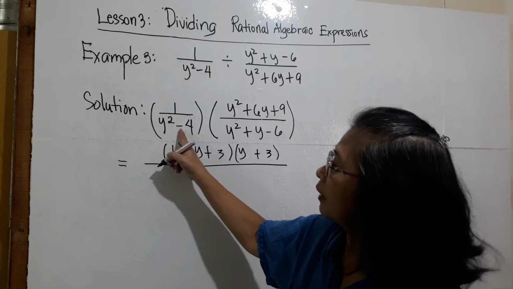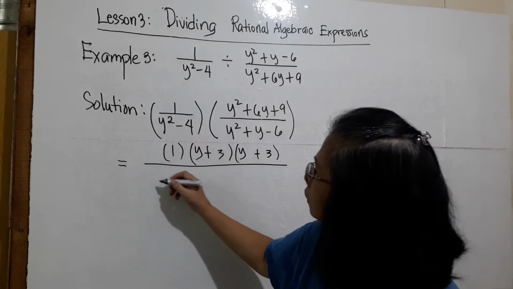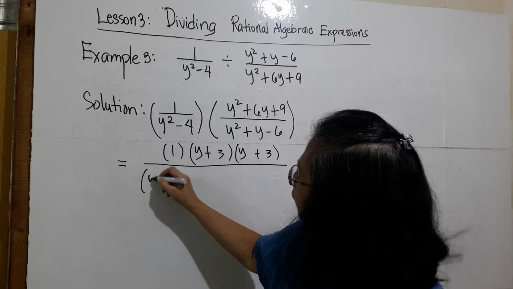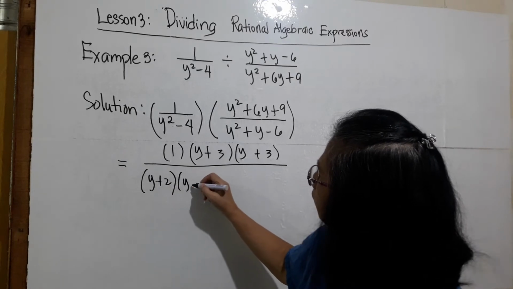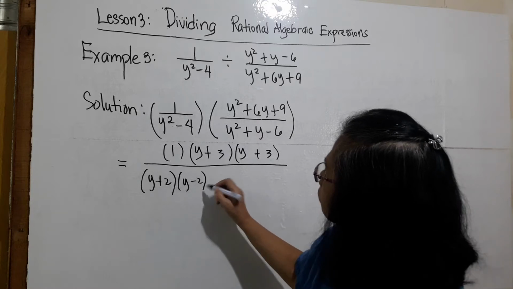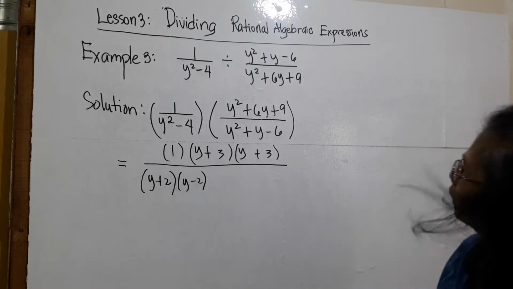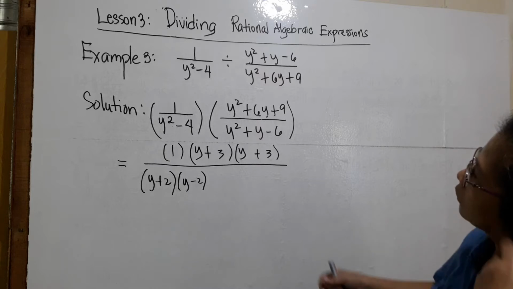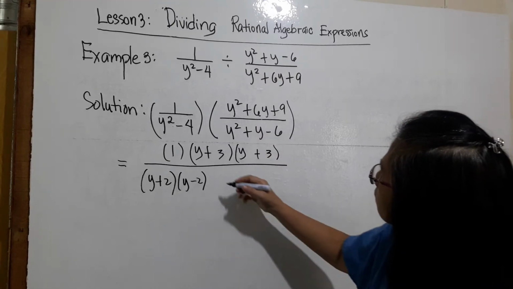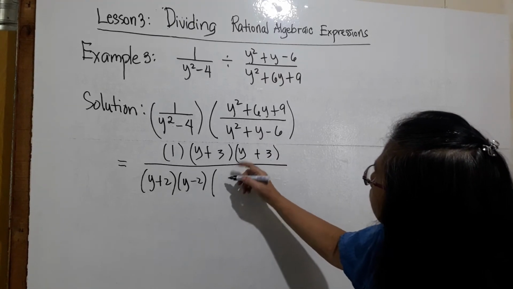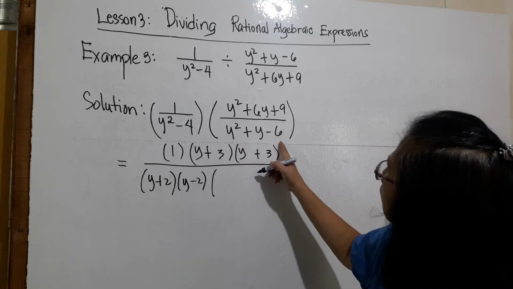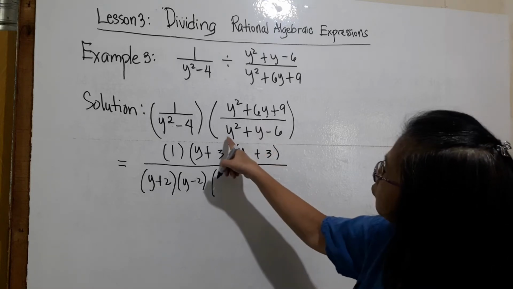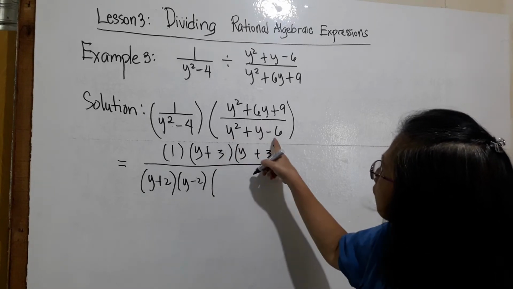Okay, what about here? This is what? Difference of 2 squares. So, we can factor that as y plus 2, then y minus 2. Okay? What about here? Is this a perfect square trinomial? Only the first term is a perfect square but not 6.